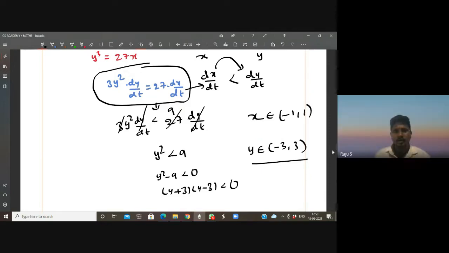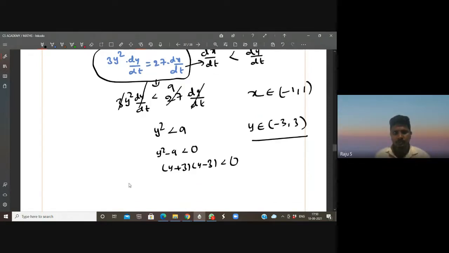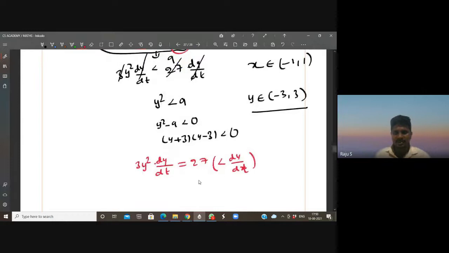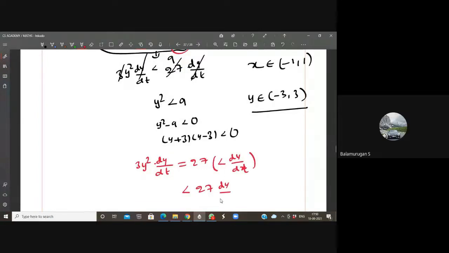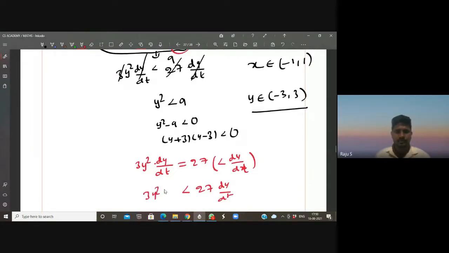Look here: 3y square dy by dt is equal to 27 times, shall I write lesser than dy by dt in place of dx by dt? Yes. Then if you multiply, generally it will be strictly lesser than. So we are getting lesser than 27 dy by dt. Get cancelled, like that you can do.